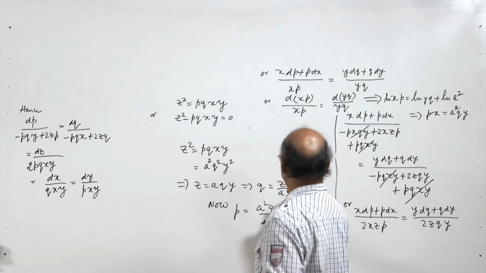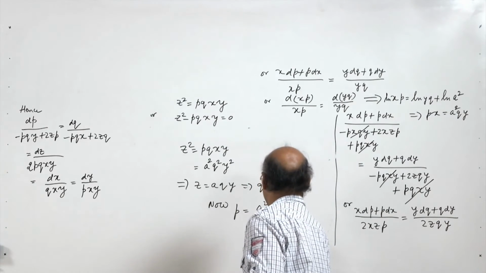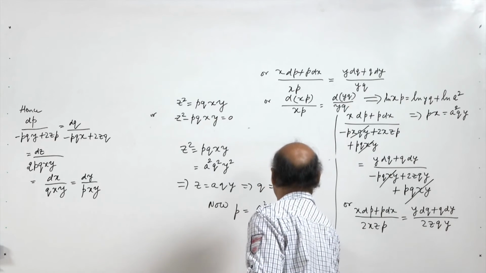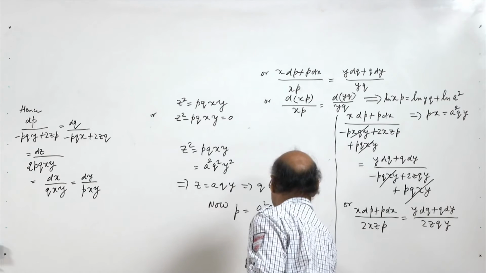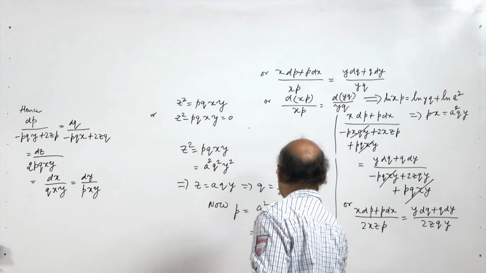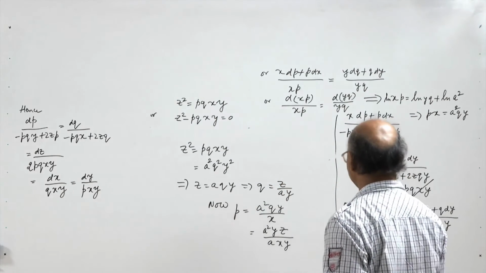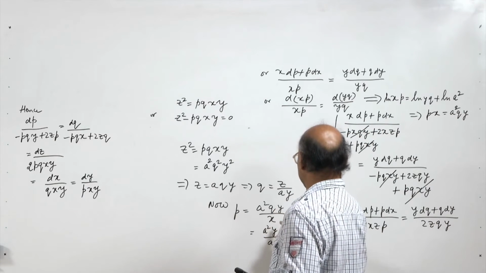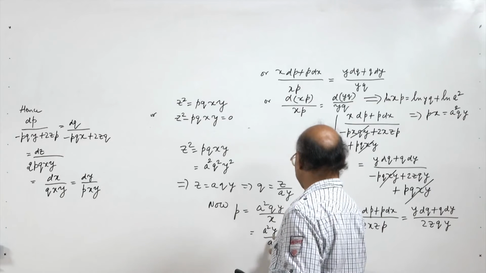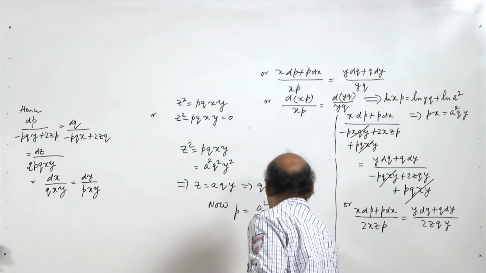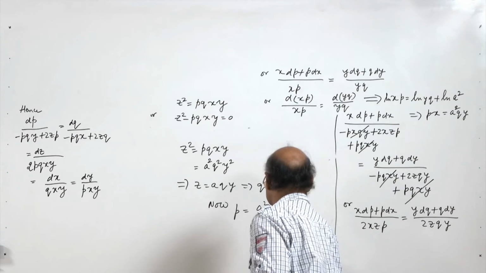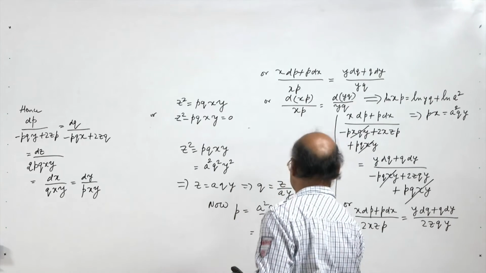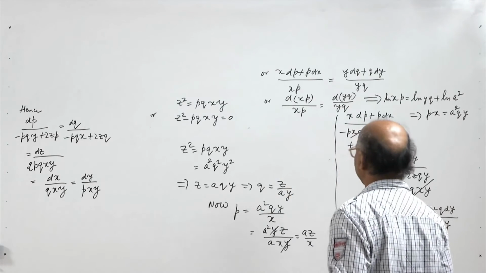Putting the value of q, we cancel and get p = az divided by x. So we have got the values of both p and q.